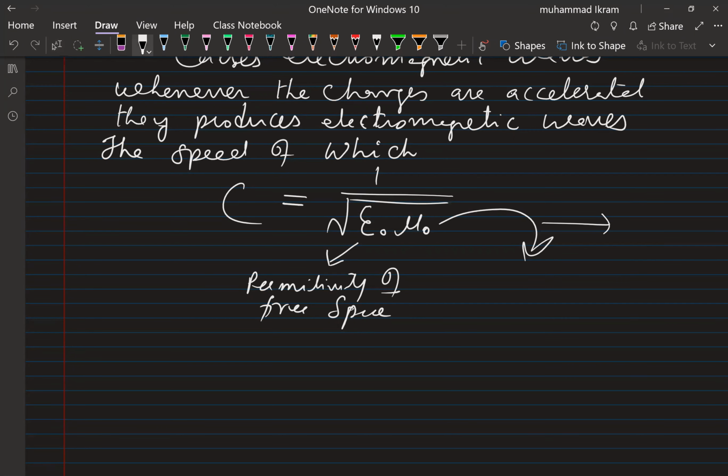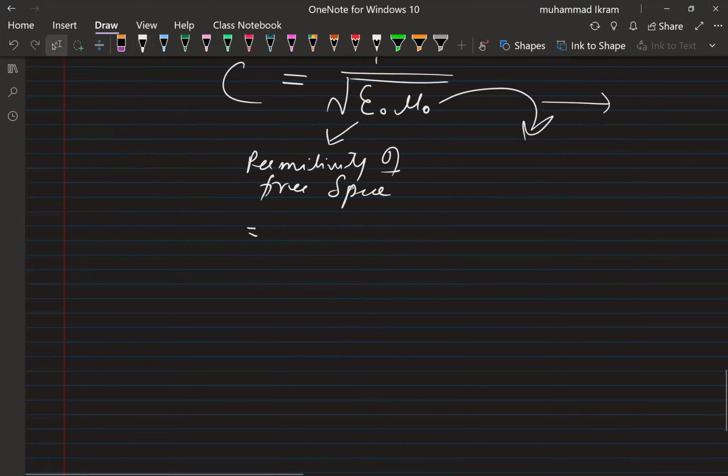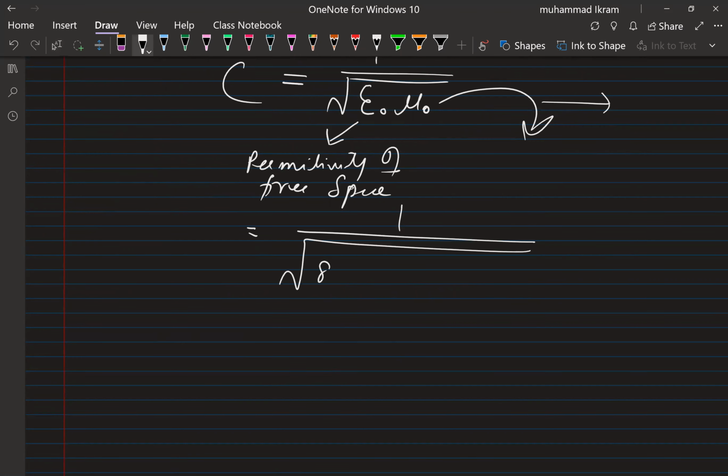So this is the magnetic property, and this is the electric property. When you put in the values of these two, which you already know, this one is 8.85 times 10 raised to the power minus 12. I just want to write the numerical value without any units.